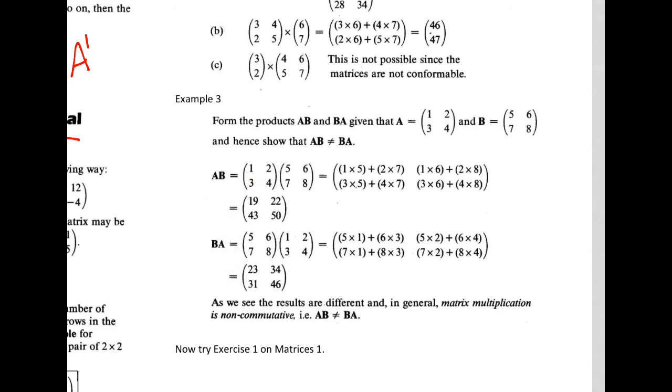It is said they are non-commutative. You can try the result yourself. You can multiply this in the usual manner. You'll get this 19, 22, 43 and 50. If you multiply B times A, it will give you another set of results. It will give you a different matrix. So this is called non-commutative.